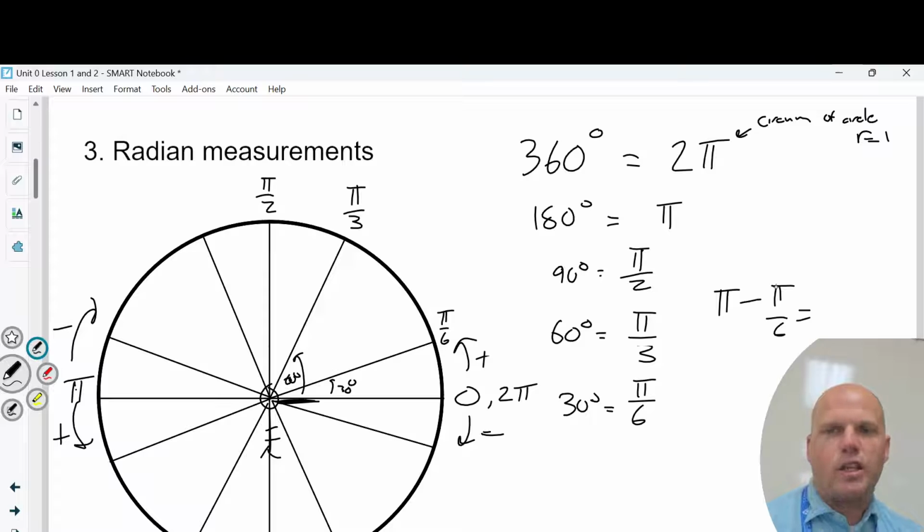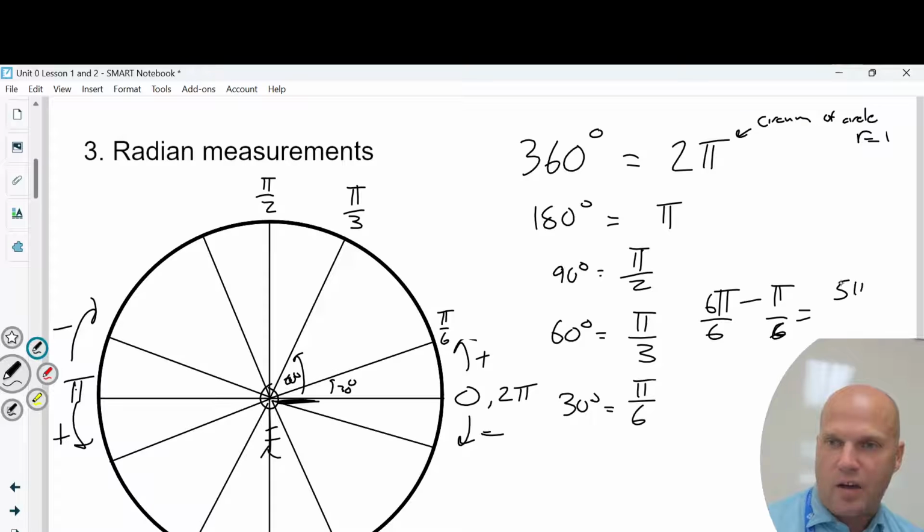Well, this is what we like to understand, and especially with radians, it's easy to work with radians. You don't have to do that many calculations, provided you know how to subtract these two things. What is pi minus pi over 6? Well, I like to write this as 6 pi over 6 to give it a common denominator. And 6 pi over 6 minus 1 pi over 6 is 5 pi over 6.